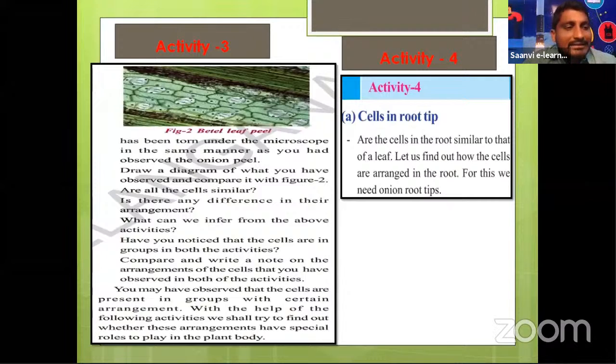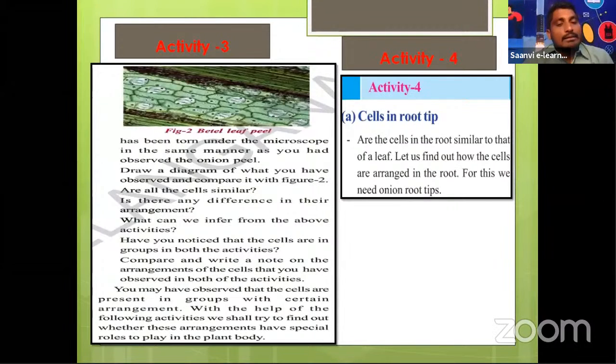They are arranged compactly, living in the small gaps called stomata. Stomata are surrounded by bean-shaped cells. Those are called guard cells.